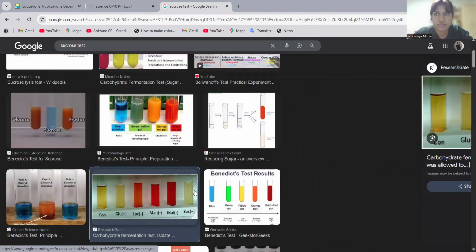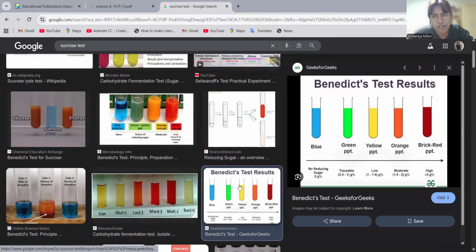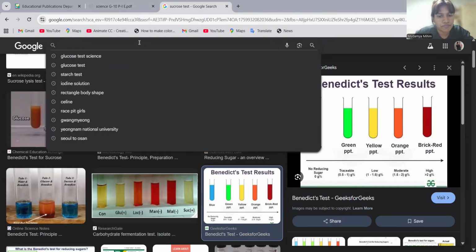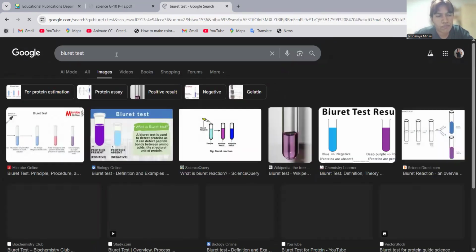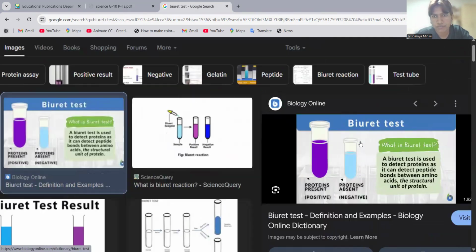This is the Benedict's test, and this is the biuret test. Yep, so you can see.